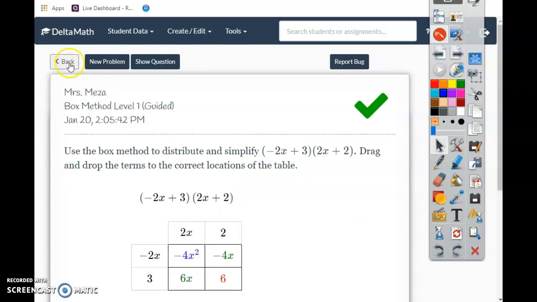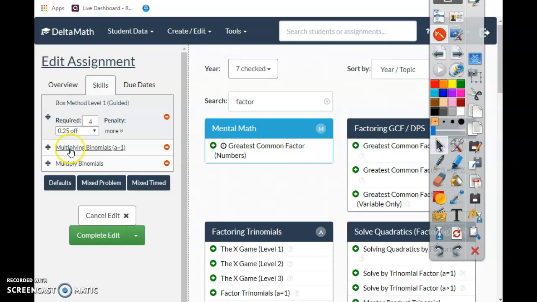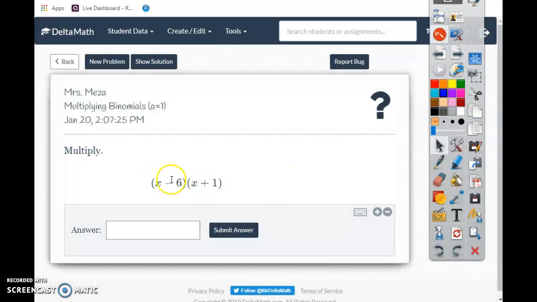Okay, so that's one. Then they're also going to give you something that looks like this, where they just give you the two things, and you have to write it down on your paper and make the box and do all the work and then put the answer down here.